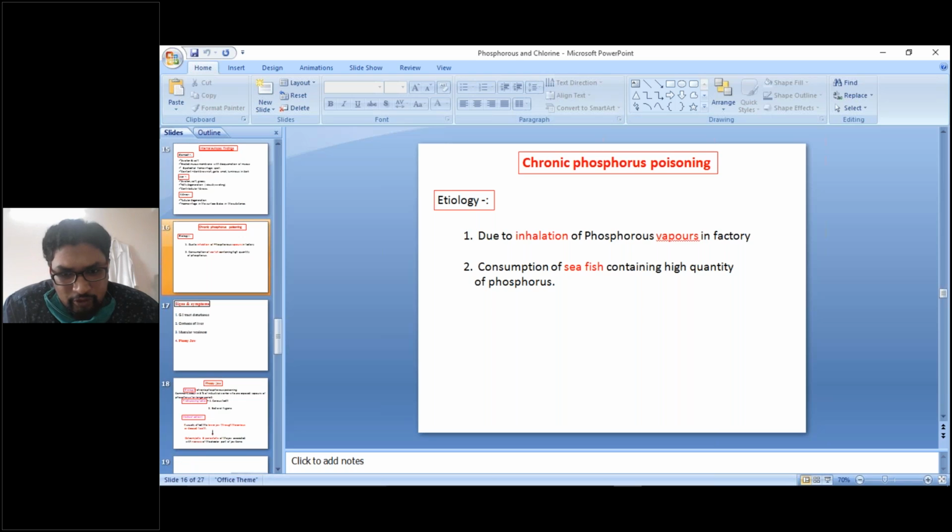Consumption of seafood containing high quantities of phosphorus is also one of the reasons. So there are two causes of chronic phosphorus poisoning: one is inhalation of vapors of phosphorus, and number two is consumption of seafood items which contain phosphorus.